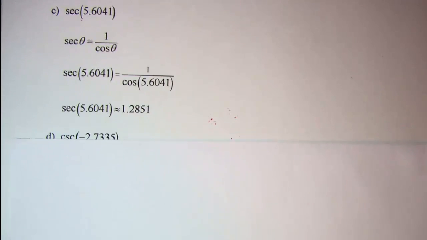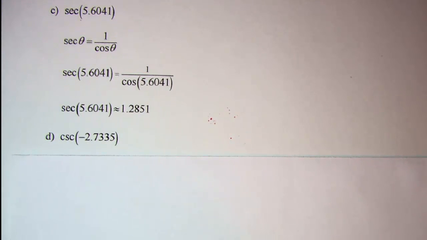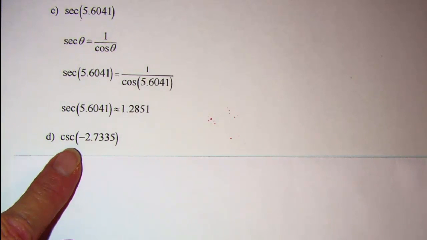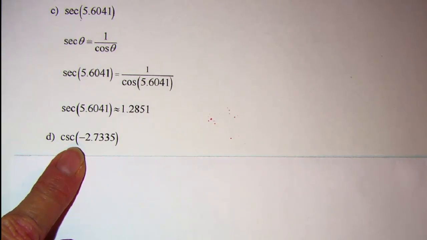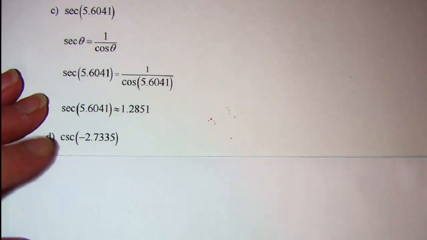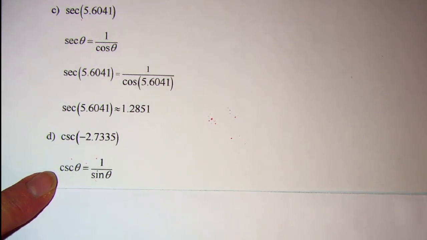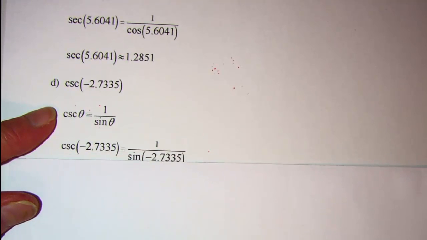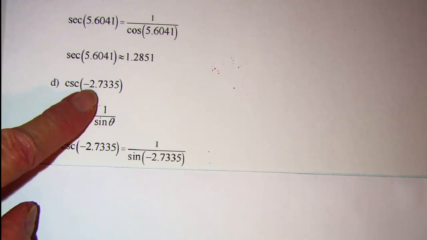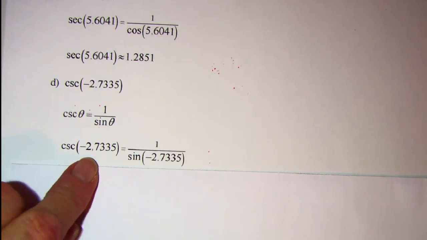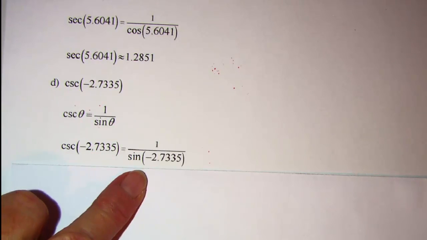My next one, this is also a reciprocal function. We know that cosecant is the reciprocal of sine. So cosecant is equal to 1 over the sine. So that means that my cosecant of this angle is going to equal 1 over the sine of the same angle.